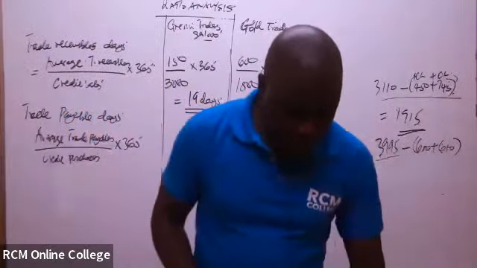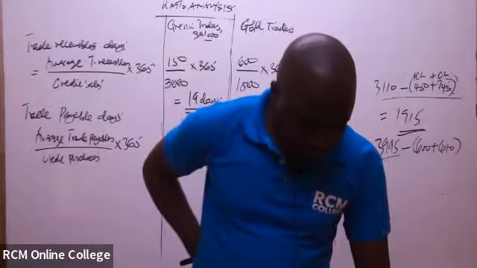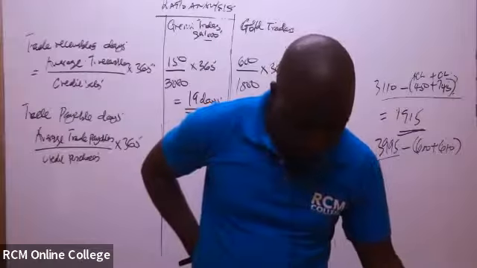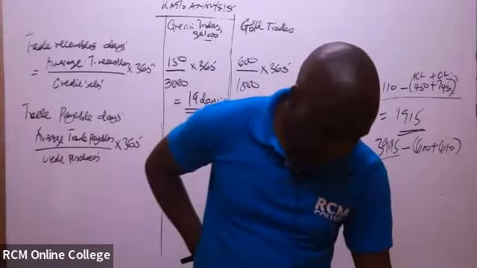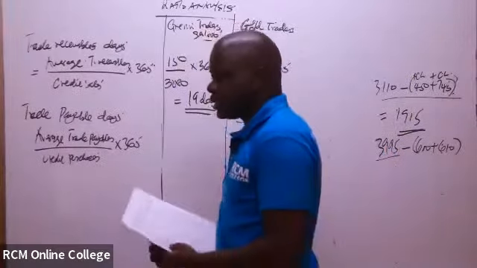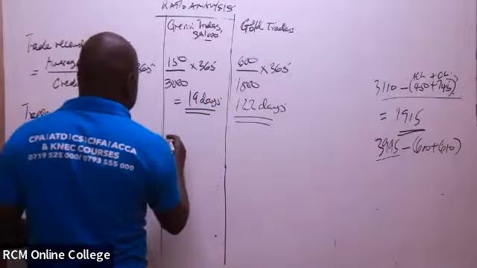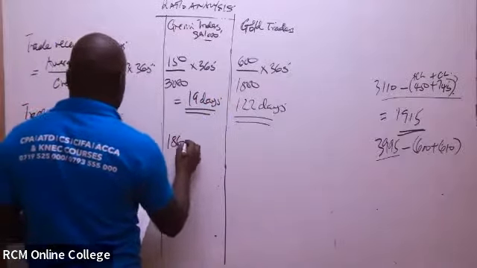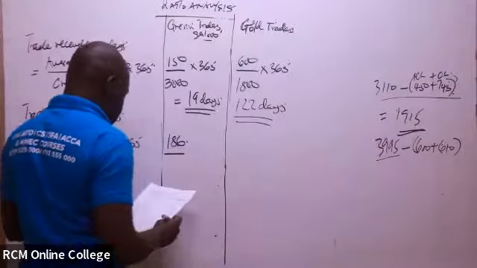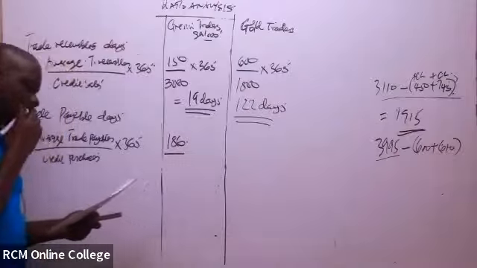So the trade payables, of course, you can get them there. We have in this case 186 and 330. So we have 186 over the purchases. The purchases, you've been told, are all on credit.